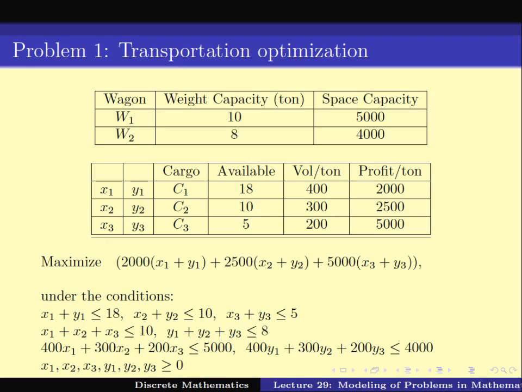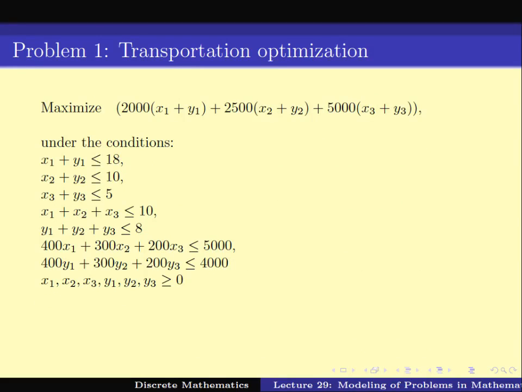Once we solve it using whatever LP solvers we have, we get an optimum solution for this problem. Here of course we can assume that x1, x2, x3 and y1, y2, y3 are real numbers.